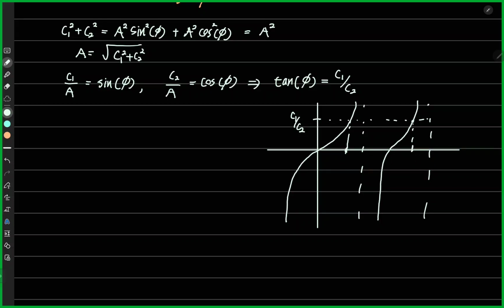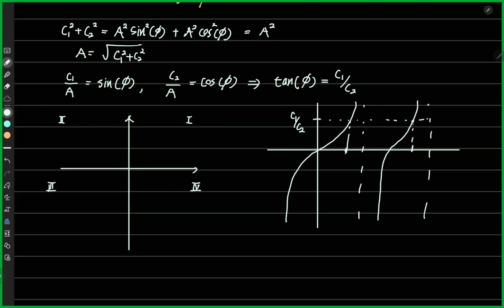So we need to figure out which angle is correct for the specific values of C1 and C2. There is a way, right? By looking at the signs of C1 and C2, we see the first quadrant, the second, third, and the fourth quadrant, right?